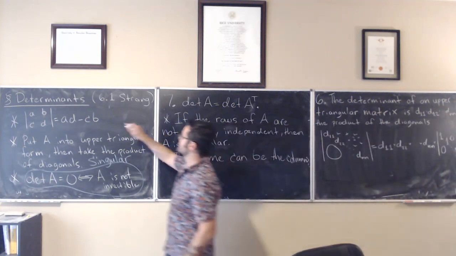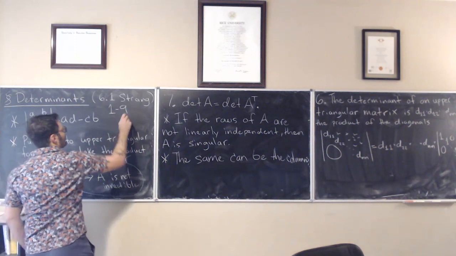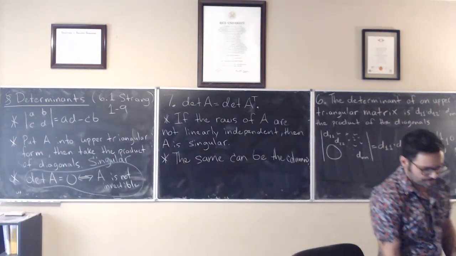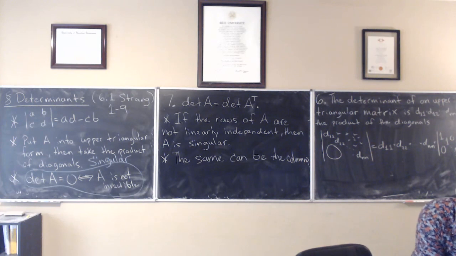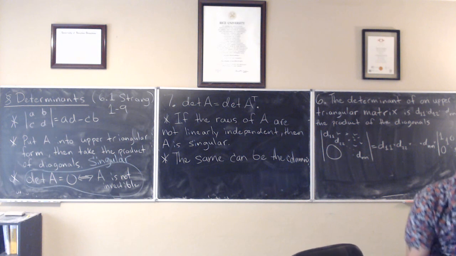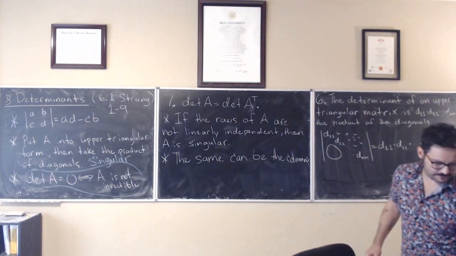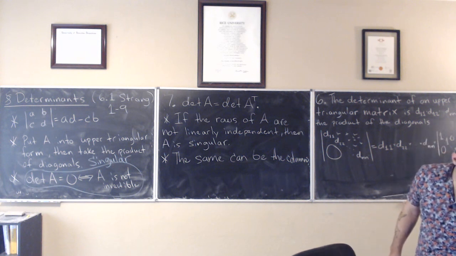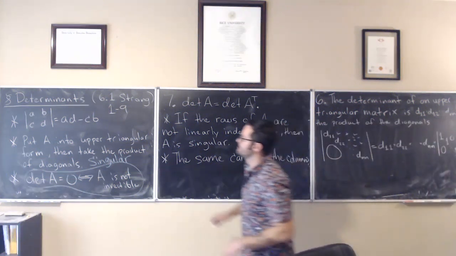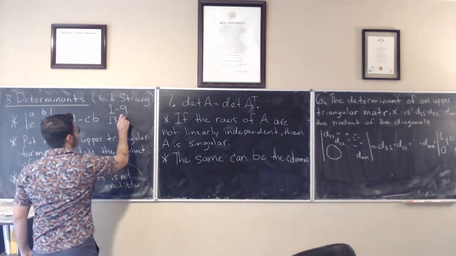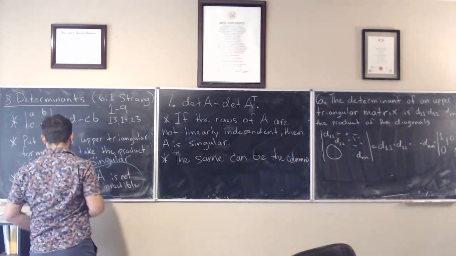So from this section 6.1 in Strang, do 1 through 9, and 13, 14, and 23. And you can turn this in Friday.